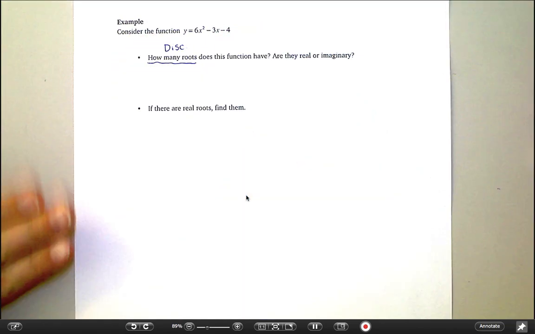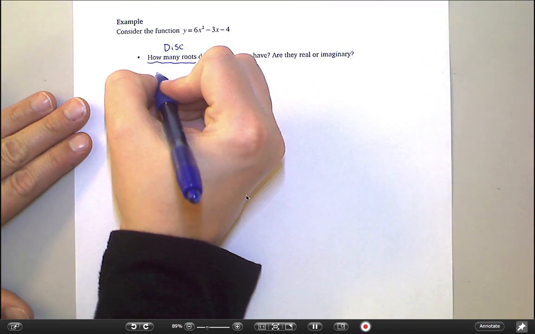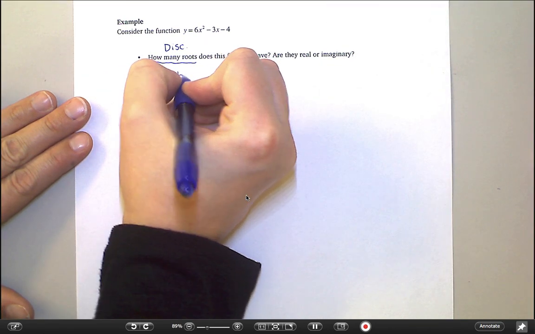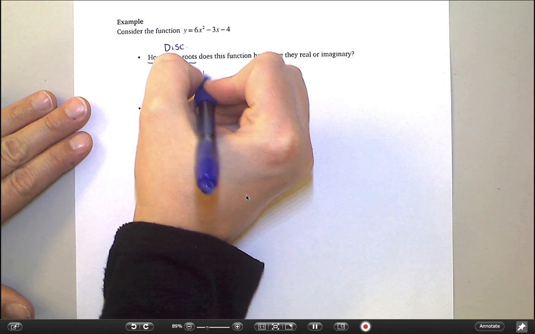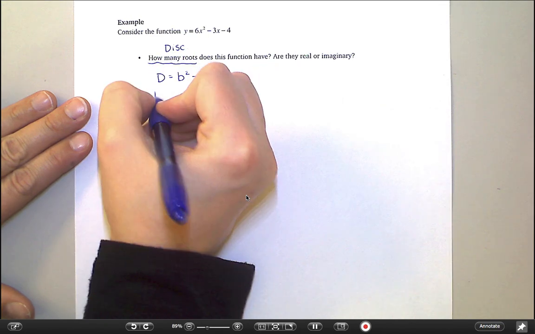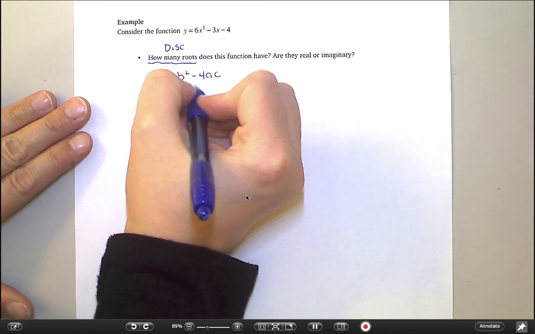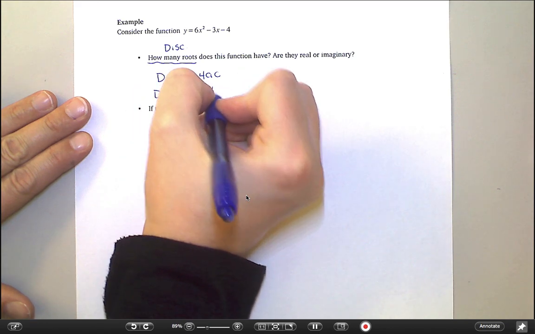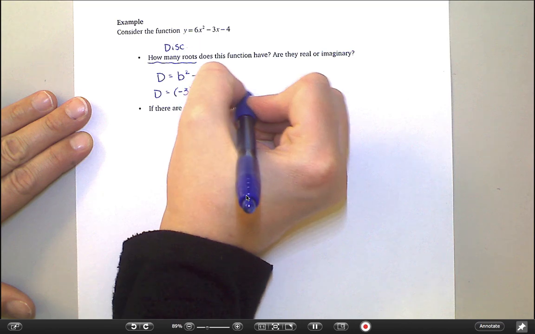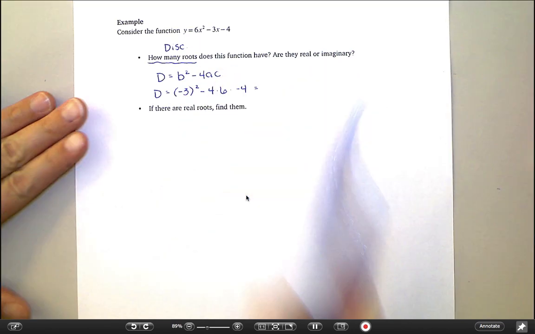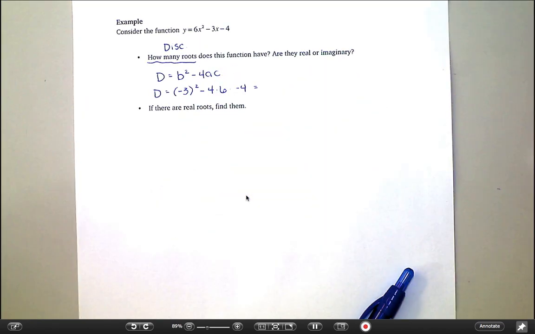Which means I'm not doing the entire quadratic formula, I'm just doing this. So I would do negative 3 squared minus 4 times 6 times negative 4. And actually, I can tell right now just from looking at that it's going to come out positive. And that's all I really care about. But I'll go ahead and crunch the numbers just so I have something to write down.